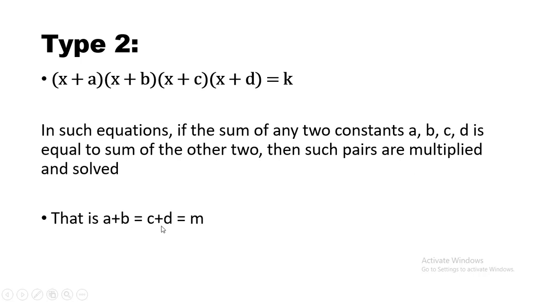We need to add or subtract them such that the result is equal. Then we will substitute another variable, finding a variable which can be substituted, and then we will solve by using the quadratic formula or perfect square, or whatever the method is.